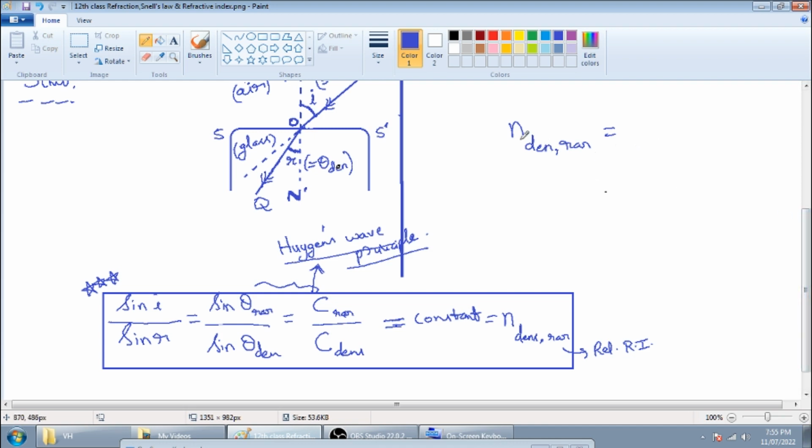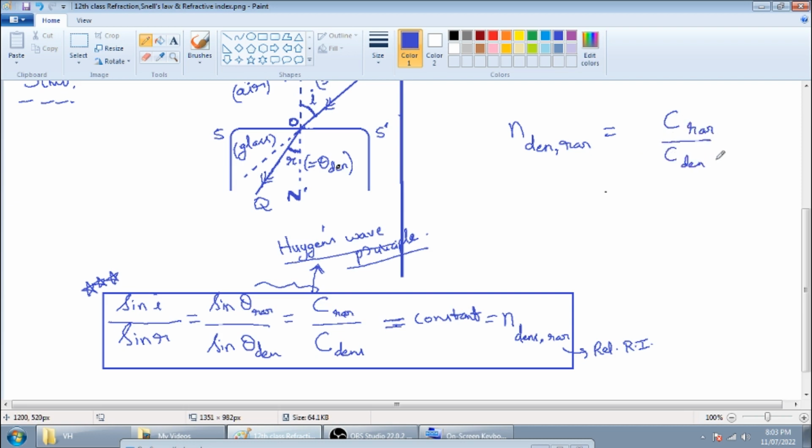Now we are considering the refractive index of a denser medium with respect to a rarer medium. This can be expressed in terms of velocities of light. So the same equation I am writing: refractive index of denser with respect to rarer is velocity of light in the rarer by velocity of light in the denser medium.